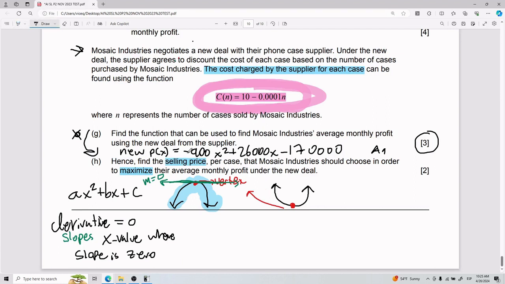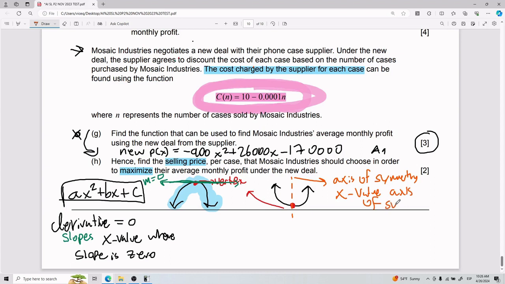The other choice is that because it's at the vertex and because you know it's a quadratic, you can just find what we call the axis of symmetry. And so the x value of the axis of symmetry will give you the vertex.